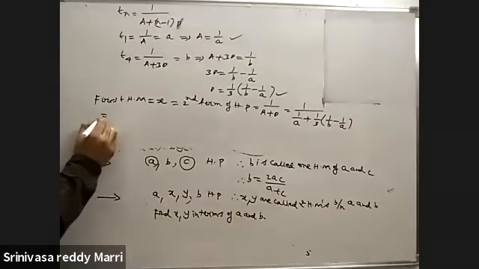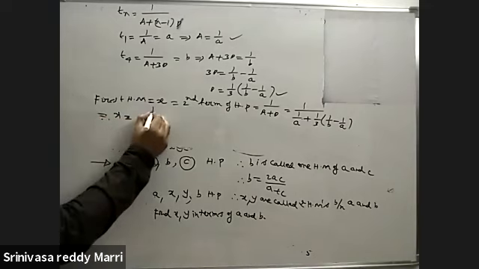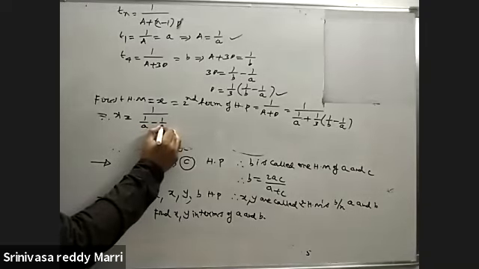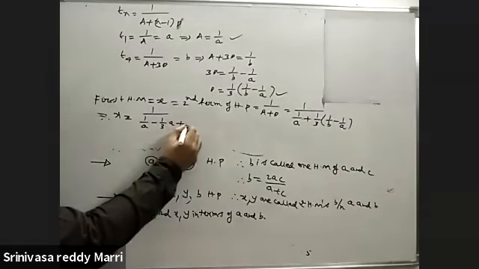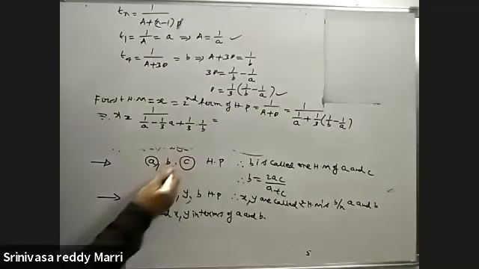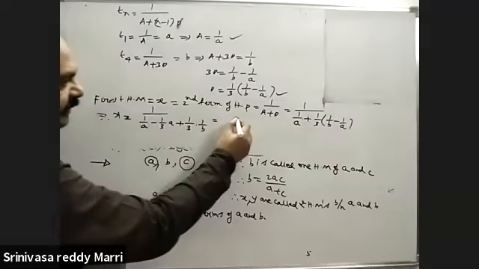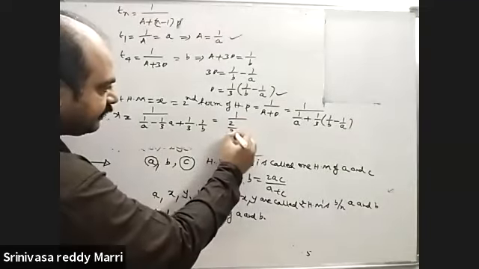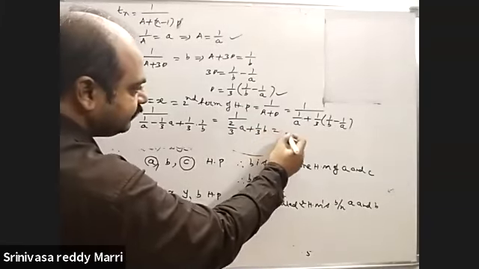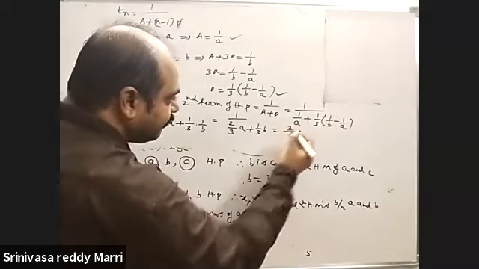Therefore, X equals 1 divided by (1 by a minus 1 by 3a plus 1 by 3 into 1 by b). 1 minus 1 by 3 means 2 by 3a, so 2 by 3a plus 1 by 3b.